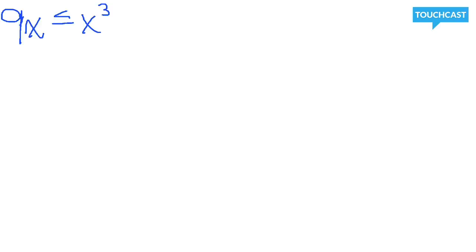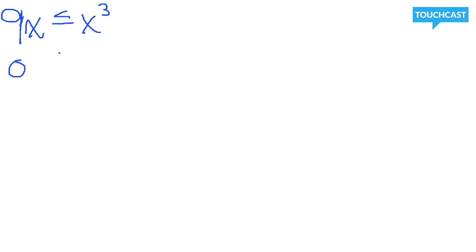Okay, but let's see if we can use this same technique. And the answer is yes, of course we can. We're going to try to have a 0 on one side so that we'll be able to use the zero product property to factor and find the roots, those x-intercepts.